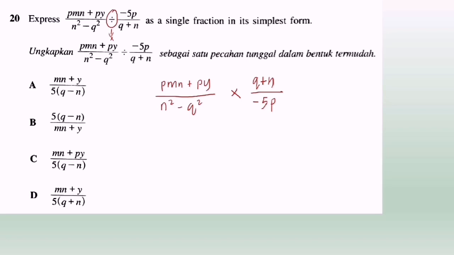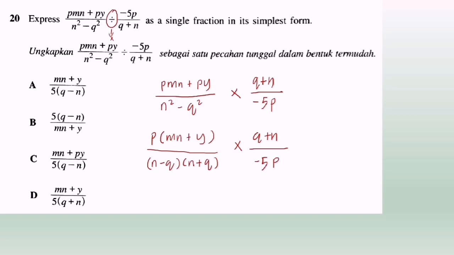Now we try to factorize p(m plus y) over (n minus q)(n plus q), multiply q plus n over negative 5p. Now p we can cut, and here q plus n and n plus q we can cancel. So the answer is (m plus y) over negative 5(n minus q).